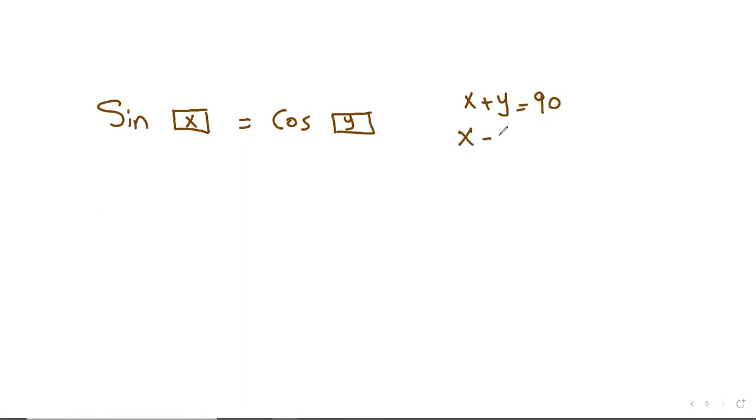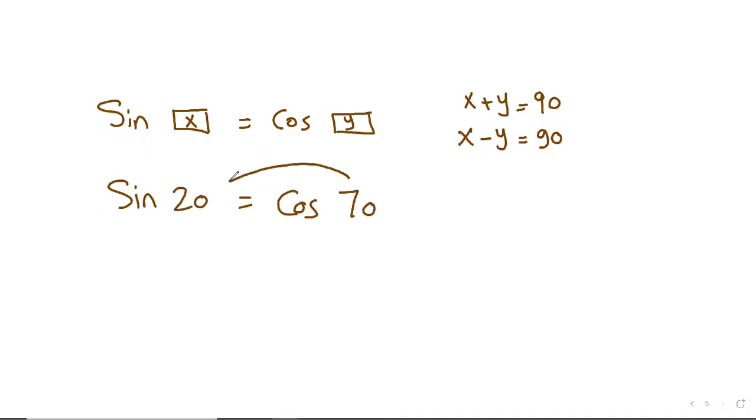Or x minus y equals 90. So the sum of the two angles equals 90, or the difference between them equals 90. So sine 20 equals the cosine 70. Why is that? Because the two angles must be equal to 90.